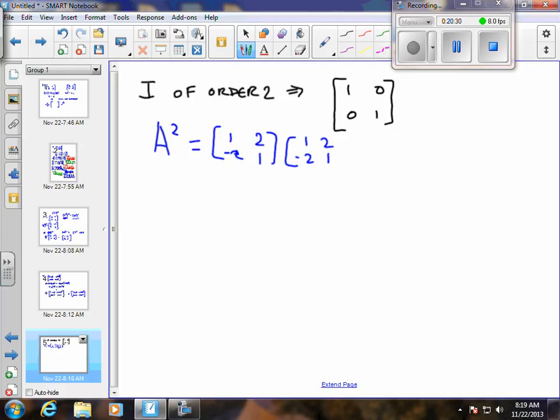So number 52, we had to show that A squared minus 2 times A plus 5 times I equals 0, where I is the identity matrix of order 2. So Helen is doing the A squared part, multiplying A times A.